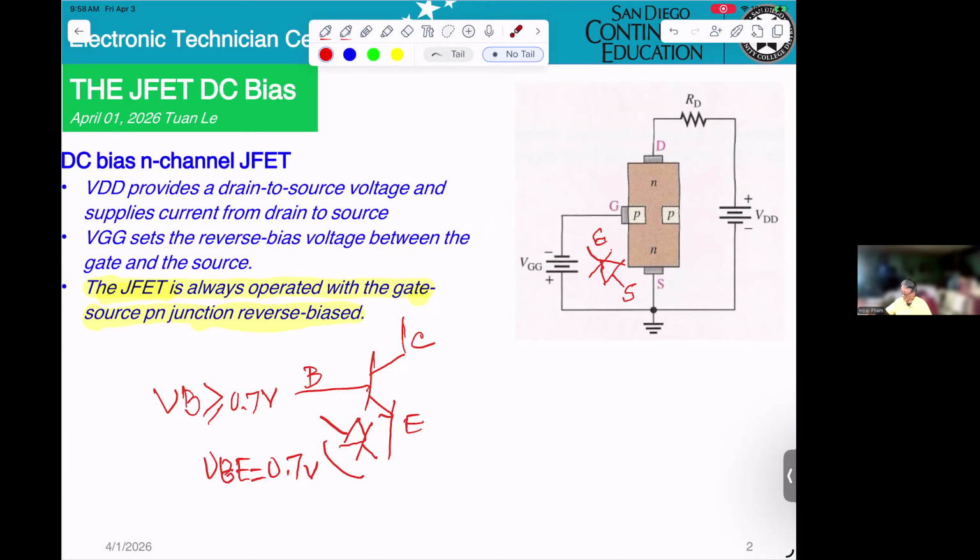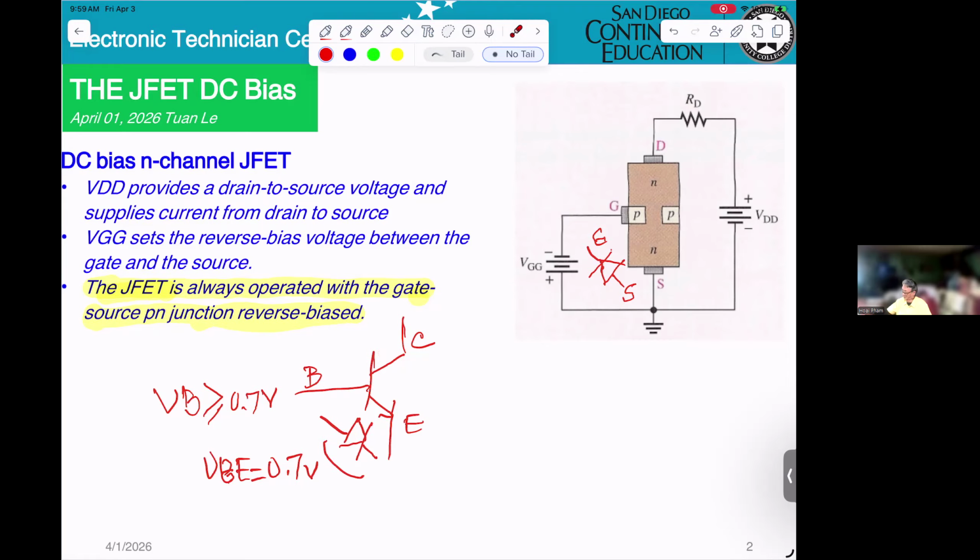In the past, you already learned the bipolar transistor. This is NPN: the base, collector, and emitter. From the base to the emitter, basically that will be a diode. If VB is greater than or equal to 0.7 volt, the diode will be on, so the transistor will be turned on.